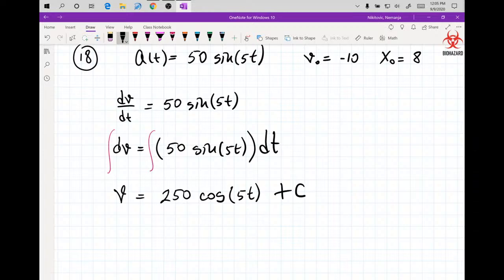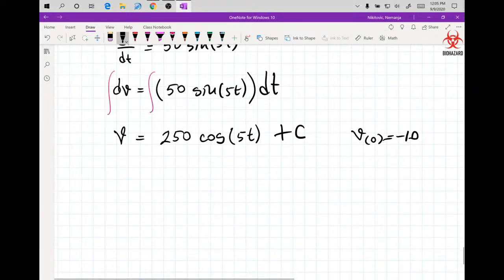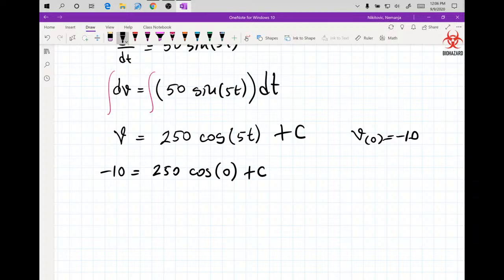Now, I have that velocity at time 0 is negative 10, right? Plug in. So negative 10 velocity is 250 cosine of 0 plus c.